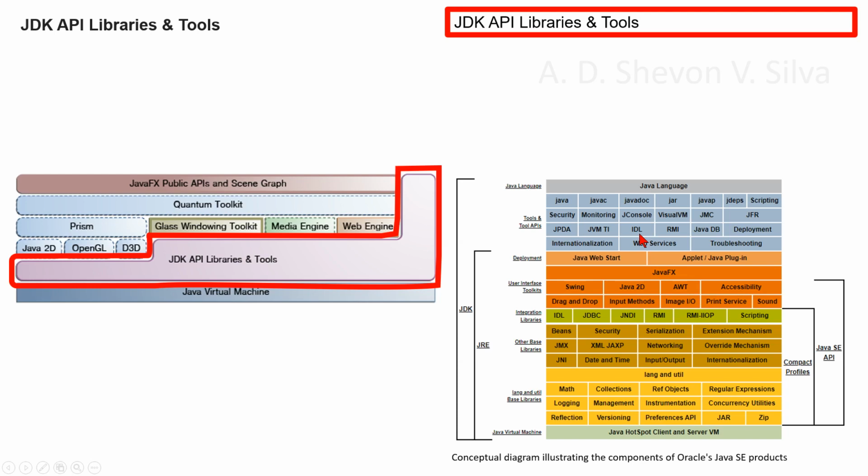IDLJ generates .java files that map an OMG IDL interface and enable an application written in the Java programming language to use CORBA functionality. ORBD provides support for clients to transparently locate and invoke persistent objects on servers in the CORBA environment.